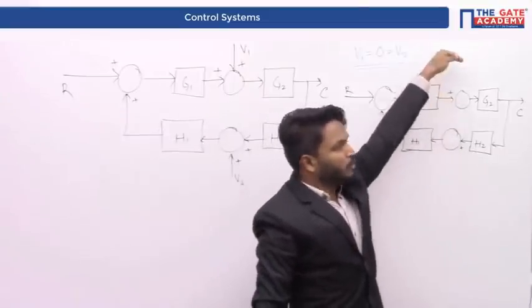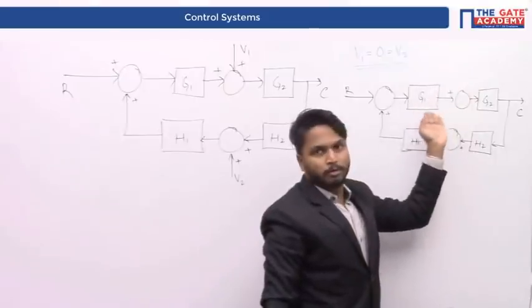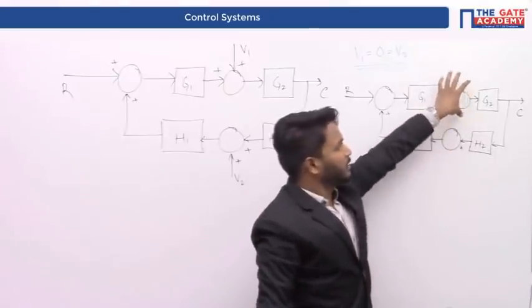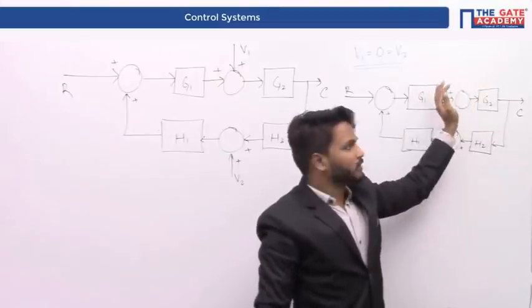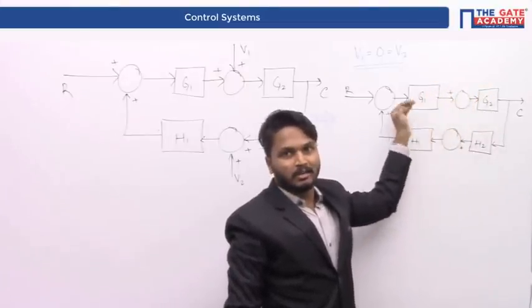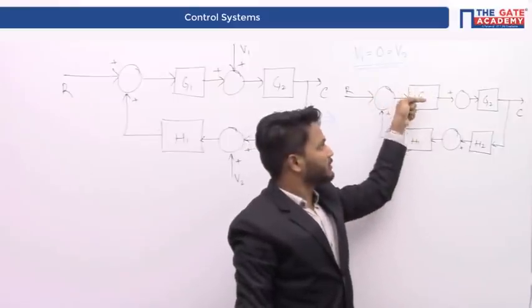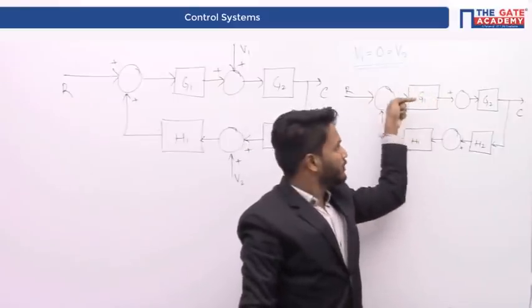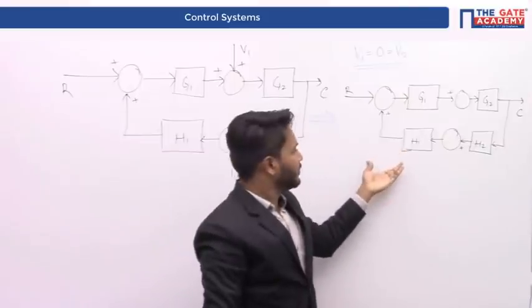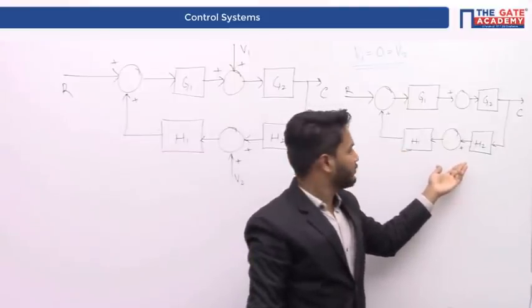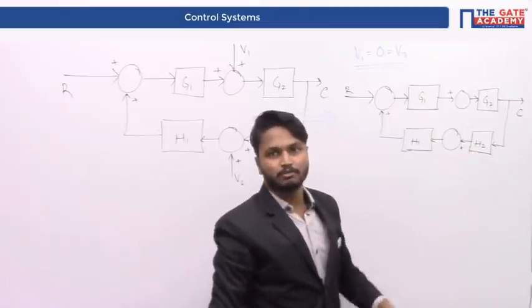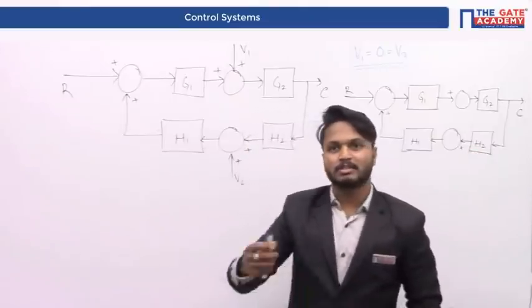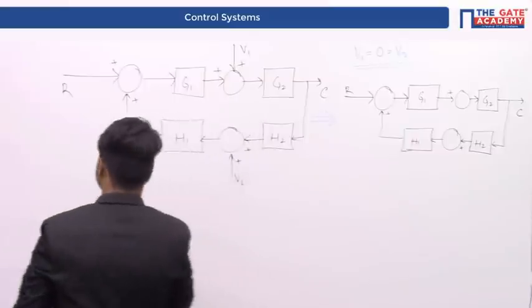If there is no other input except the output from this G1, I can simply take away this particular summing point. I can neglect this summing point and I can straight away join G1 with G2, right? In a similar manner, I can take away this another summing point which joins H2 with H1. Therefore, the system's resultant will be something like this.